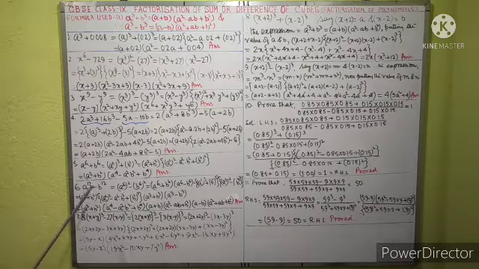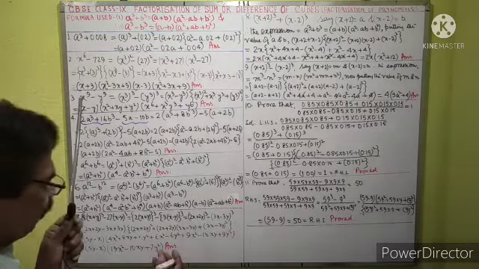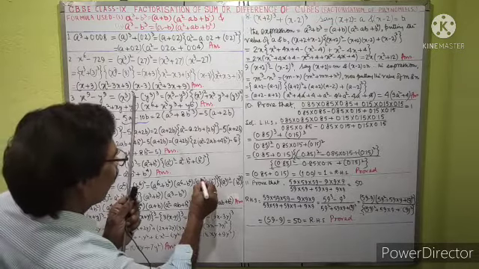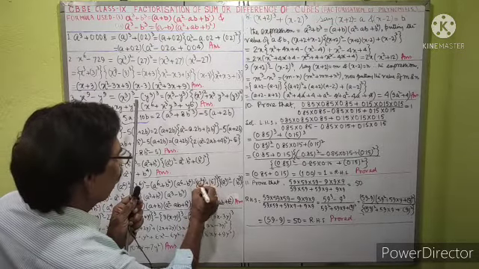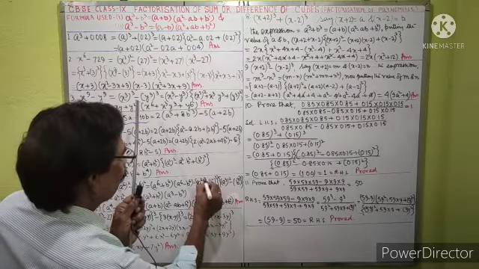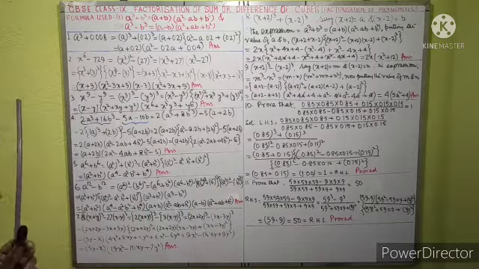This is the answer. Next, a to the power 12 minus b to the power 12 equals a to the power 6 whole square minus b to the power 6 whole square. Because it is a square minus b square, it is (a plus b)(a minus b). This a to the power 6 plus b to the power 6 is again broken down with the cubic formula.